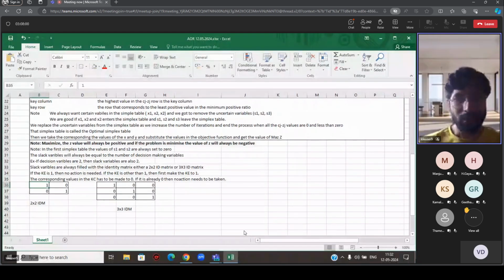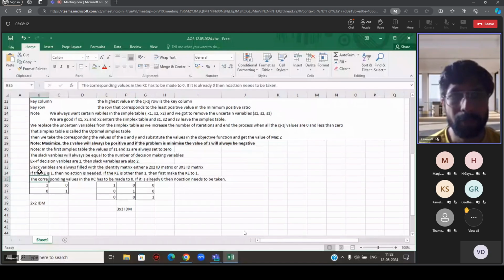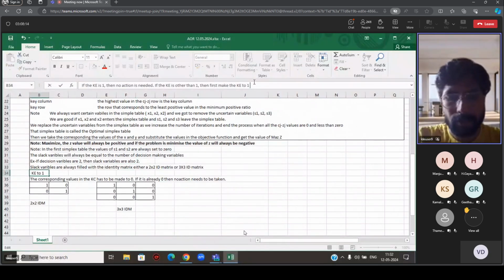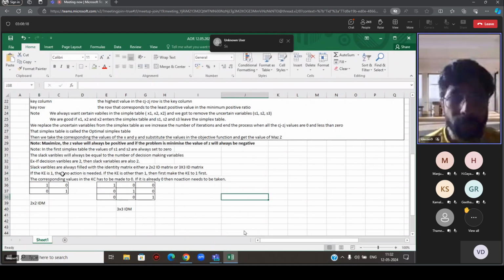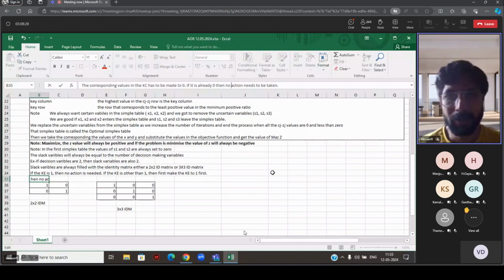Are you understanding? If the key element is 1, then no action is needed. If the key element is other than 1, then make the key element 1 first. Then the corresponding values in the key column should be made 0. If it is already 0, then no action needs to be taken.